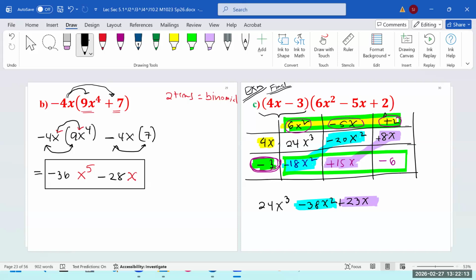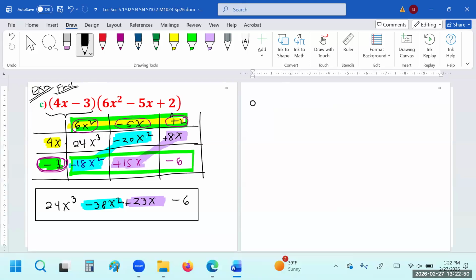So we used the cubic term, the x squared term, the x term. What is left? Negative 6. So we just put it down. It doesn't have any friend. It's lonely, just like cubic. And you're done. So if you want, you can use this box method, or if you want, you can use the distribution method. Whatever is easier for you. So go ahead, enjoy the next one.